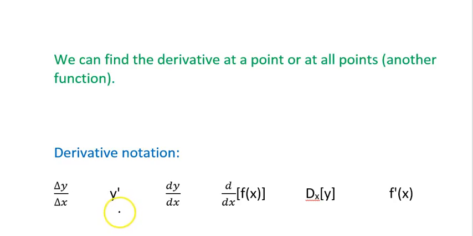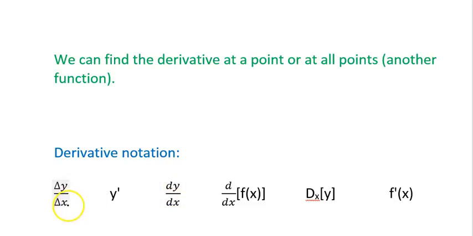Another thing that's interesting about derivatives is that several different mathematicians came up with derivatives, and we use multiple representations because of that. So some different ways that they ask for the derivative, or you can denote that you're trying to find the derivative: we have delta y over delta x, which should resemble your slope, and dy over dx.